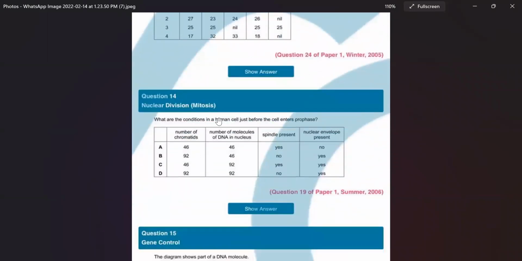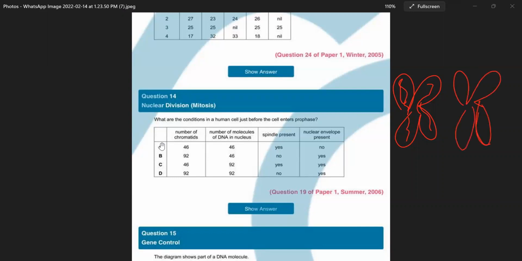What are the conditions in a human cell just before the cell enters prophase? Okay, let's see. Before prophase, what do we have? All of the phases have occurred. We have one DNA here, and its replicated brother over here. So what is the number of chromatids I will have? Like I told you, let's do it like science.